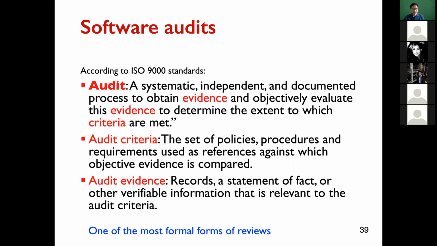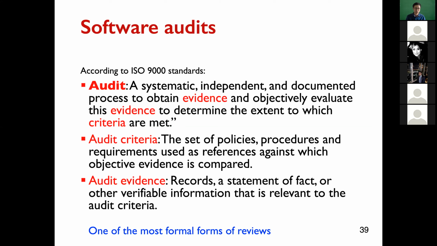Audit is a systematic, independent, and documented process to obtain evidence and objectively evaluate this evidence to determine the extent to which criteria are met. So basically, audit is to check the evidence against some criteria.